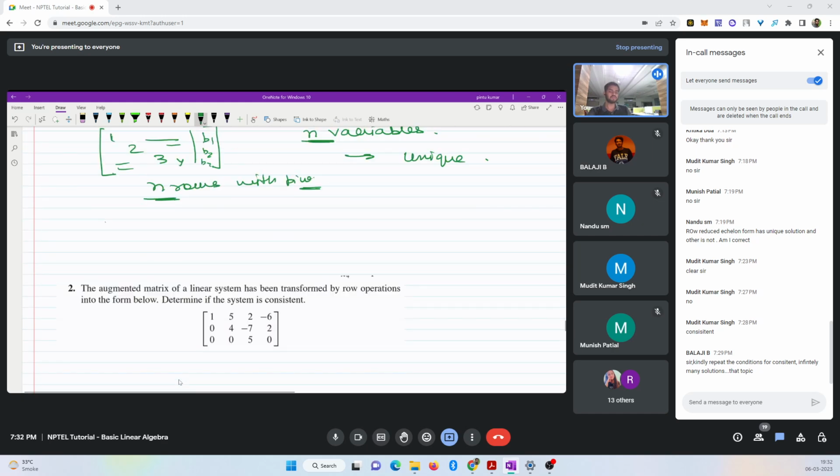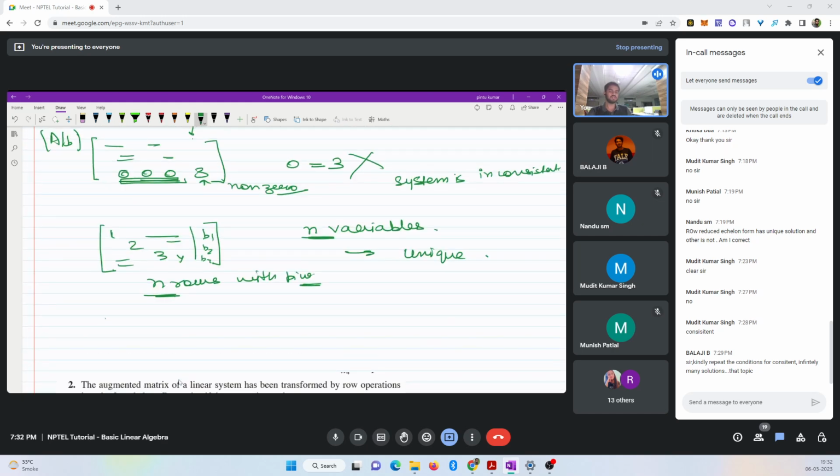So if the number of variables matches the number of pivot elements, then you have a unique solution. And if your number of pivot elements is strictly less than your number of variables, then you will have infinitely many solutions.